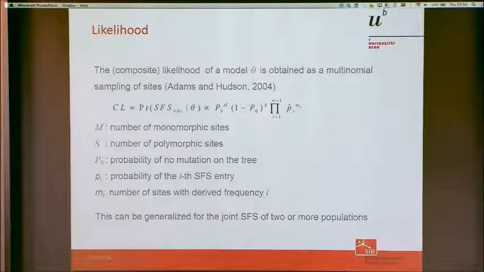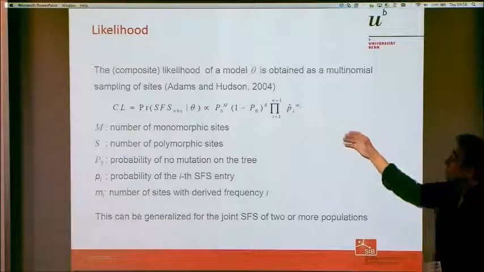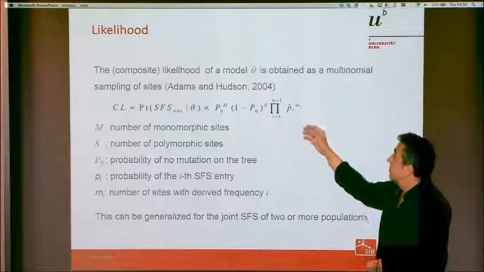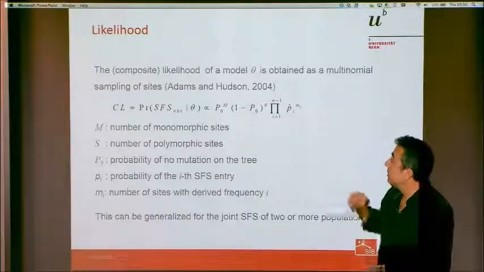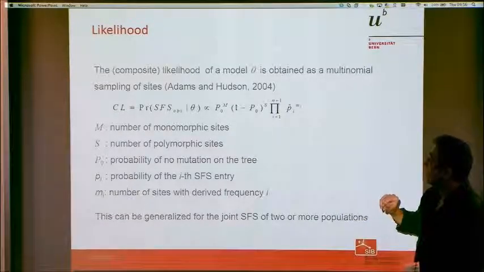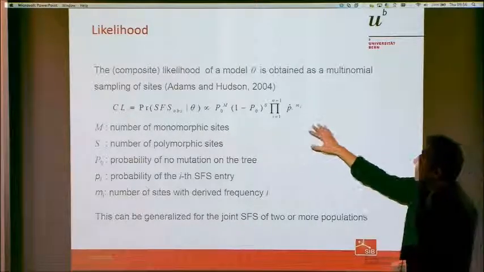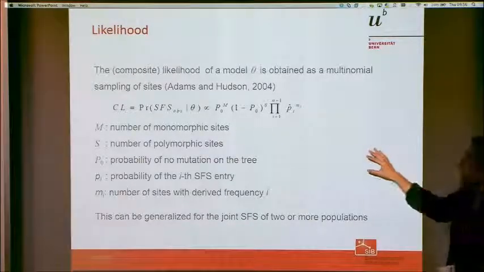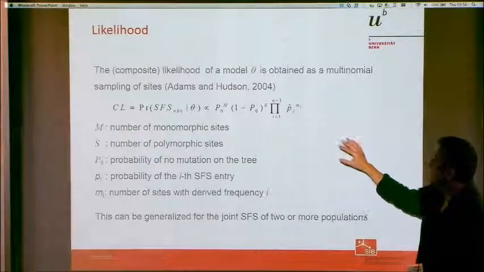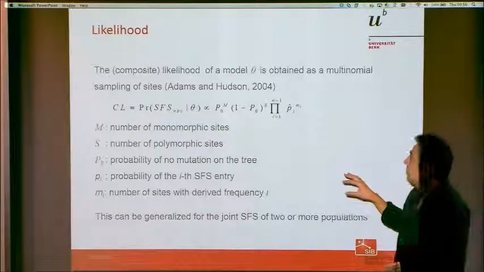So once we have this expected site frequency spectrum, it's relatively easy to come up with a likelihood, in this case a multinomial likelihood that was proposed by Adams and Hudson. dadi is actually using a different likelihood, more Poisson-like, but they are somewhat equivalent.